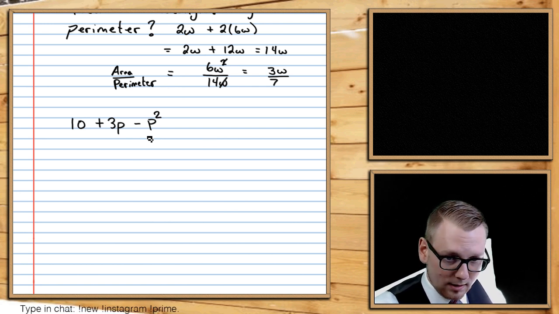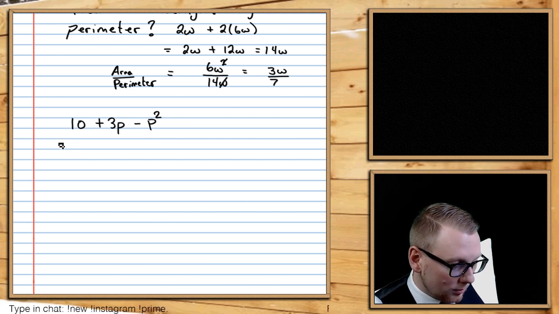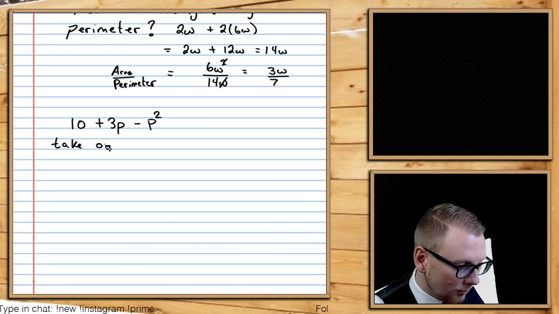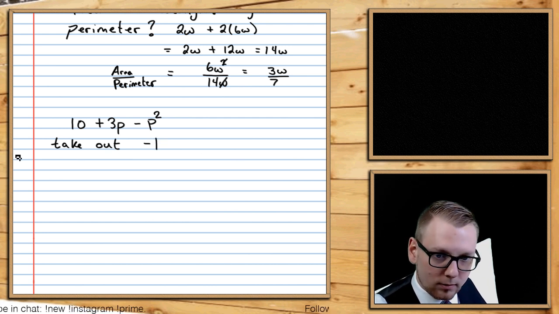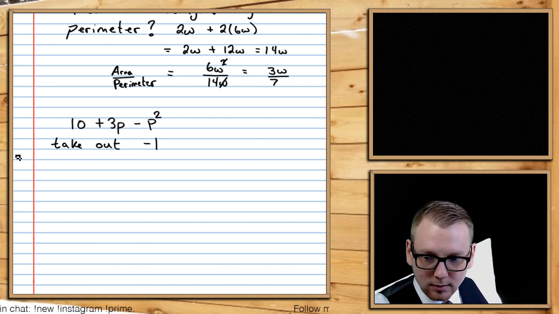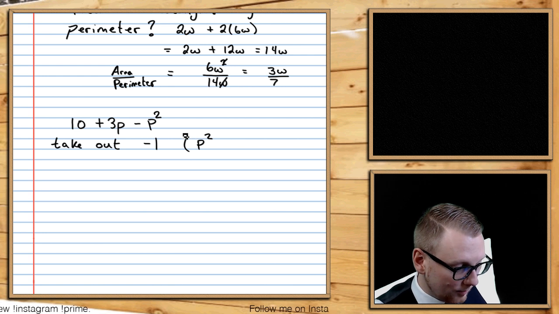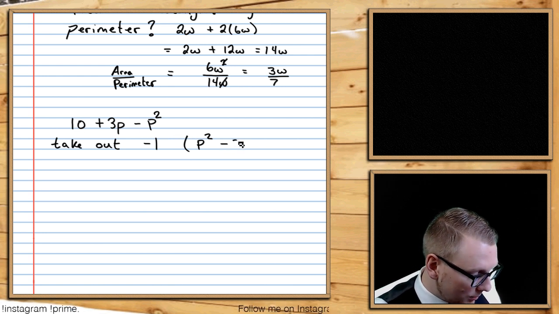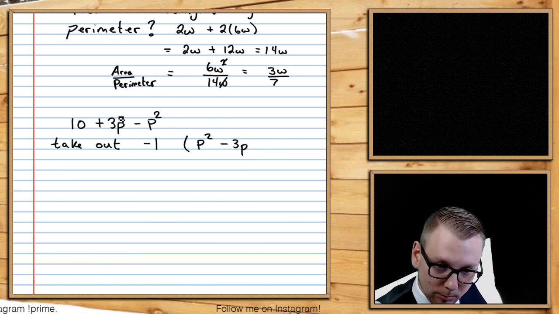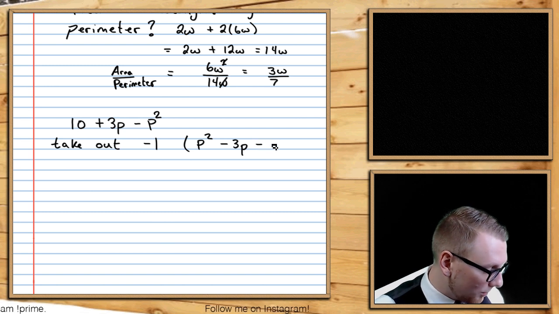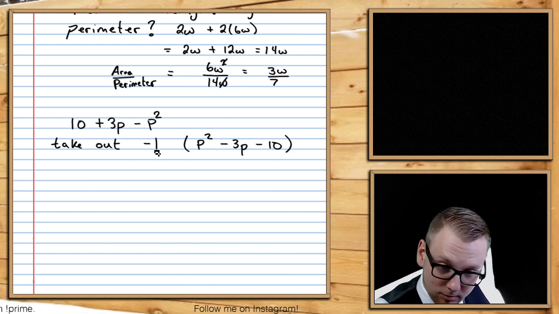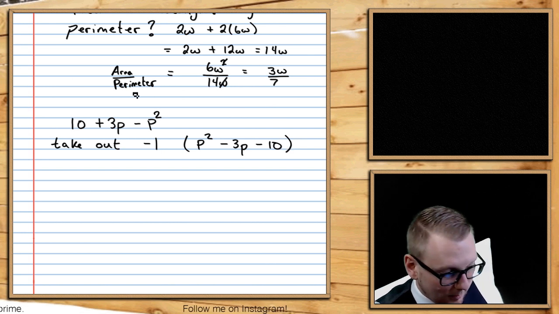So if we take out just a -1, that means everything that's left is the p squared, because we have to put the -1 back in to be able to go back to the original. Then the minus 3p, because if we multiplied the minus onto the -3, we get back our +3. And then we have a -10, because if we multiply the -1 back in, it becomes positive.